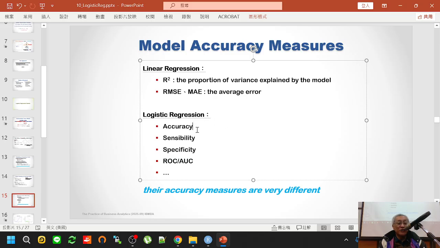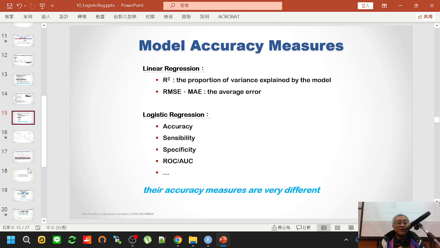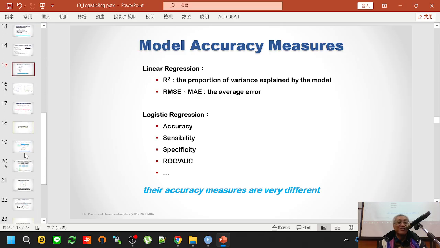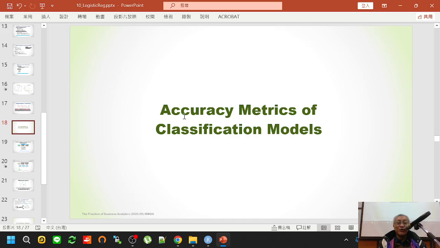But for logistic regression, we have a lot of different metrics, and these metrics are kind of complicated. The accuracy metric of a classification model: actually, a classification model is a probability model. They are the same, right?